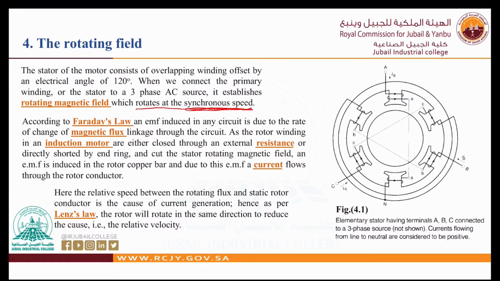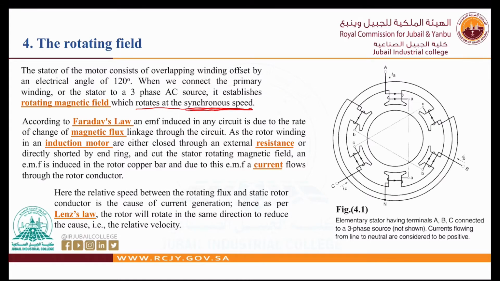Now, according to Faraday's law, an EMF induced in any circuit is due to the rate of change of magnetic flux linkage through the circuit, and we explained this before. The rotor windings in an induction motor are either closed through an external resistance or directly shorted by end rings, either squirrel cage or wound rotor, and they cut the stator rotating magnetic field.